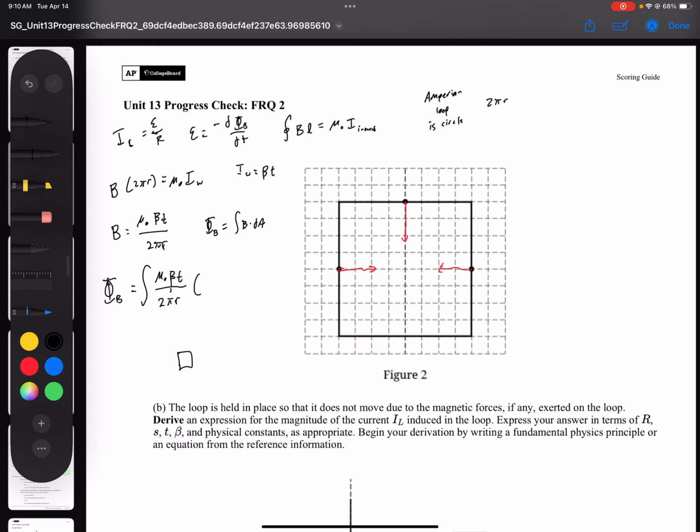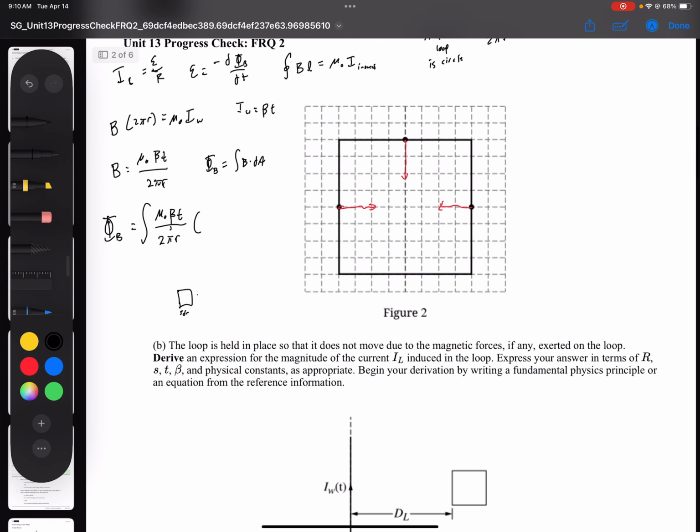This area is going to be S times dr. This side length is S, and the dr vector points this way, so I'm integrating horizontally across this loop. The area is the side length S times dr. That part's important when you're dealing with these kinds of problems.